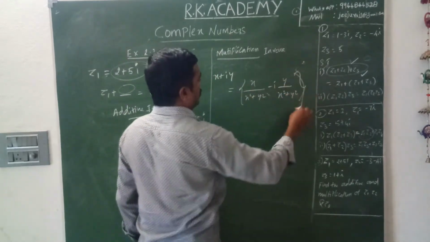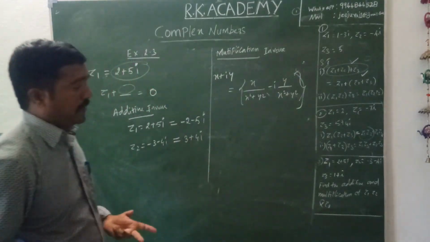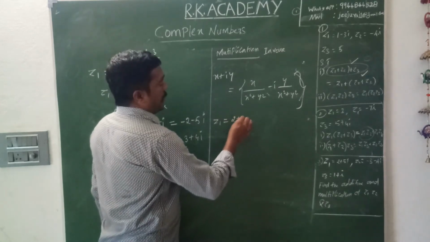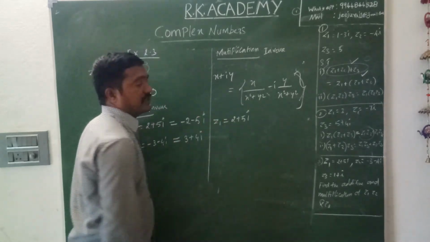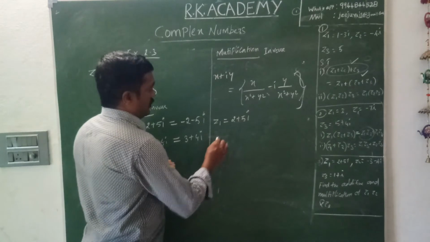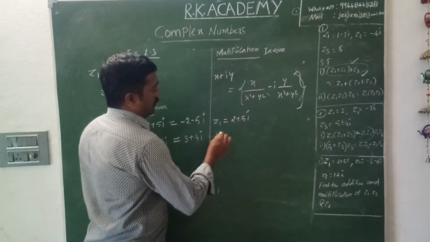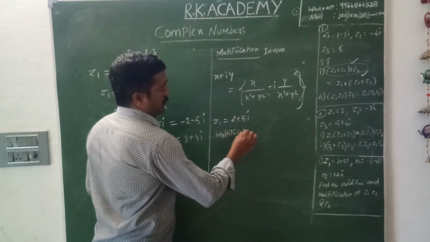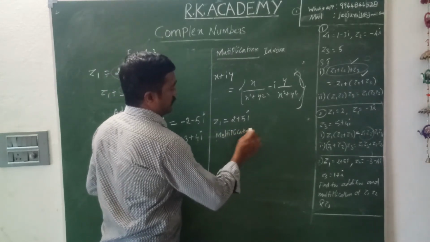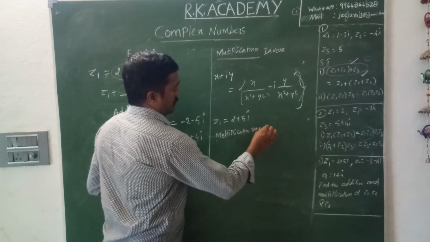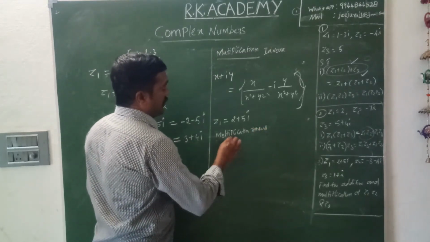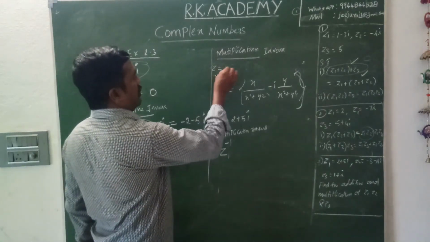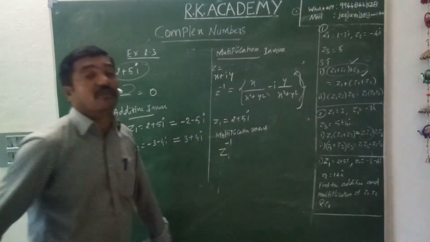Now listen. Now we are taking some complex number Z1. Z1 is equal to 2 plus 5i. Now I am writing the multiplication inverse, Z1 inverse. Z is equal to x plus iy, and this one is Z inverse.